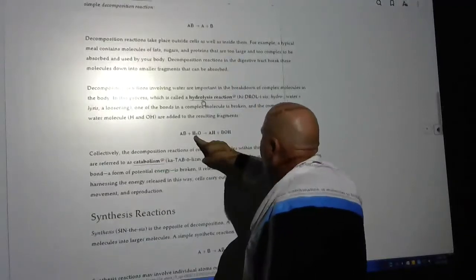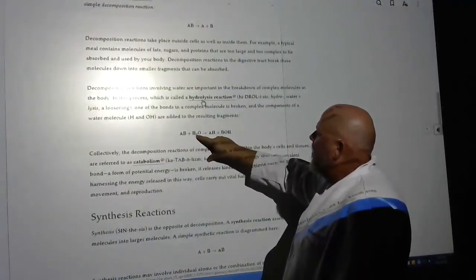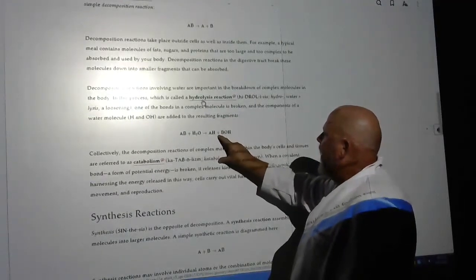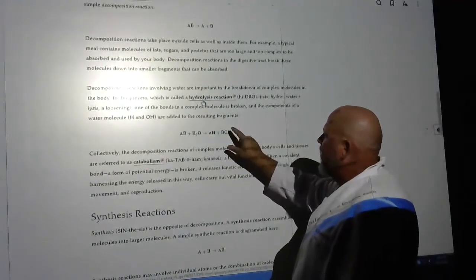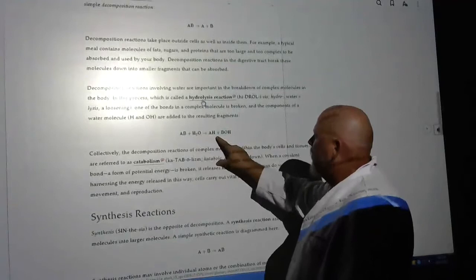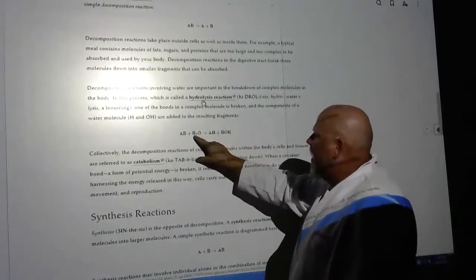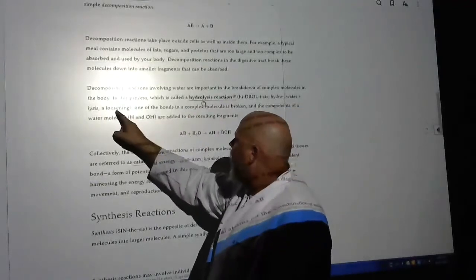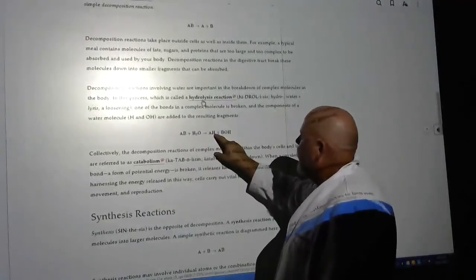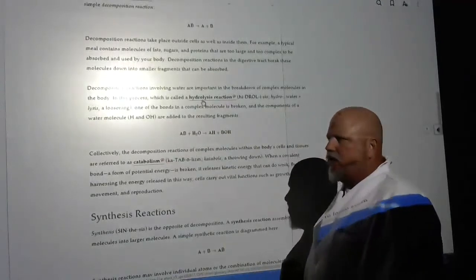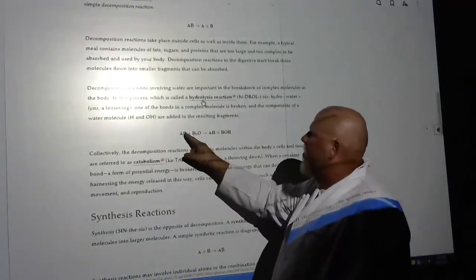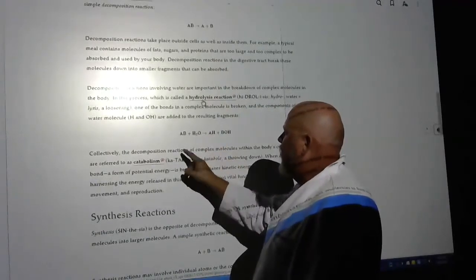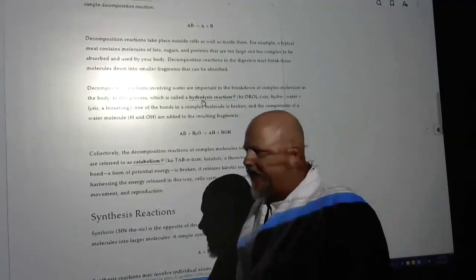Anytime you see this, add in the water on this side where it's combined, and where the A and B are split, A plus B, I want you to add a hydrogen and a hydroxide. What is water? H-O-H. What did I do to the water? I hydrolyzed it. I broke it apart. When you break apart the water, you end up with hydrogen and a hydroxide. This is a hydrolysis reaction. So it's a decomposition hydrolysis reaction, which is called catabolism. Here's the process to break it down.